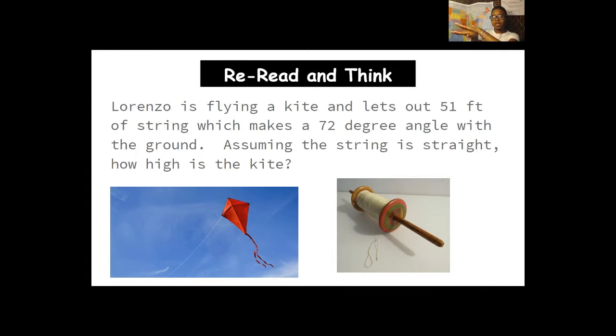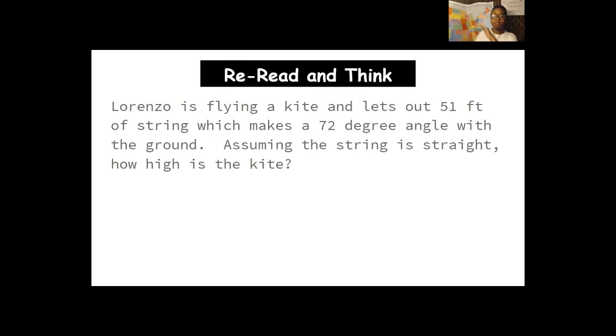That's the angle that the kite came up from the ground, 72 degrees, okay? It's probably around this amount. All right, so we have a little bit of a visual based on the fact that we thought about it. What's next?